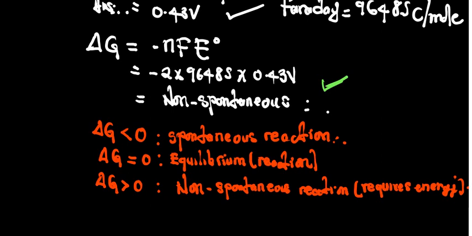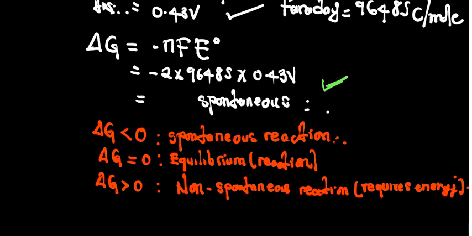So we're saying when delta G is less than zero, that is a spontaneous chemical reaction because the Gibbs free energy is a negative value. So that was a mistake there. I was writing non-spontaneous here. Oh, okay, I see your point.